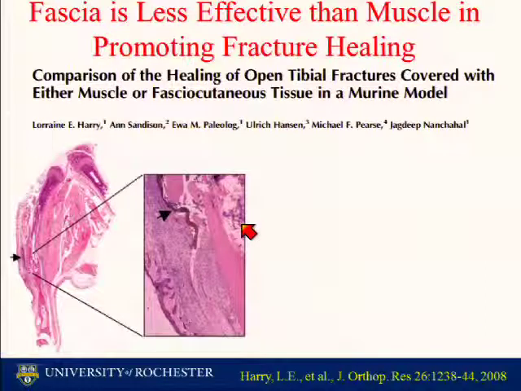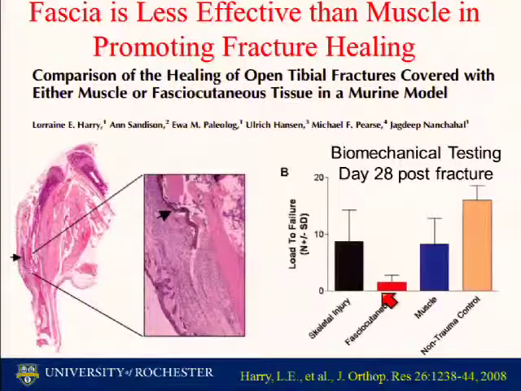And what was observed is that when the muscle component was present, you had normal fracture healing, but if you blocked the muscle component, but permitted fasciocutaneous tissues to be there, so there was normal revascularization in the area through these tissues, you didn't get healing.